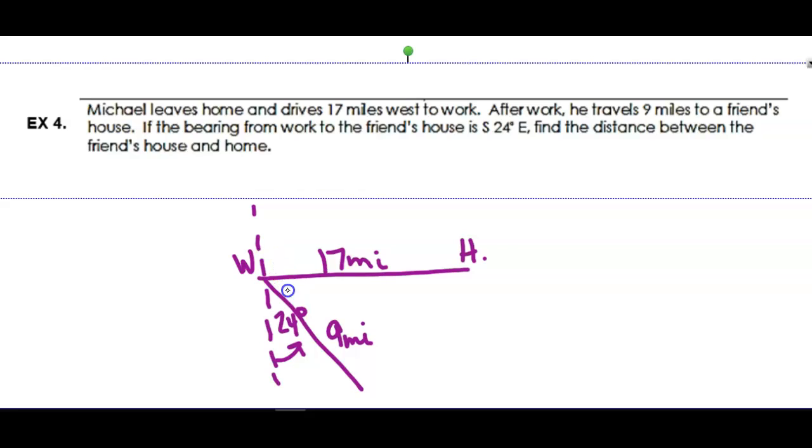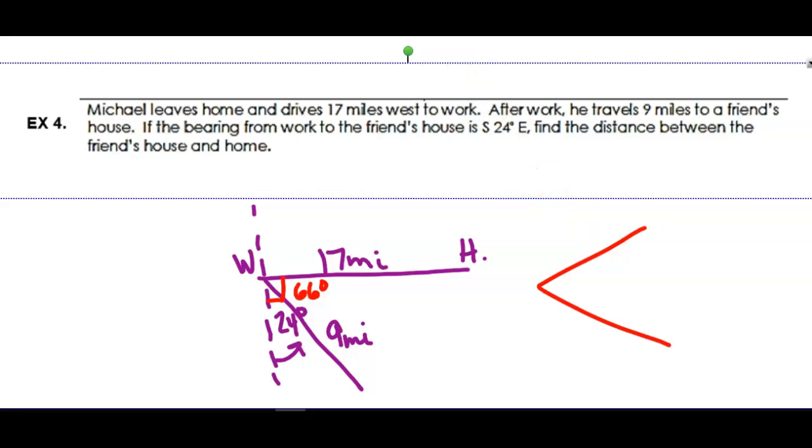Well, this whole thing has to be 180, but better yet, if this was straight east-west, this is a 90. So if we do 90 minus 24, we get 66. So here's the triangle.